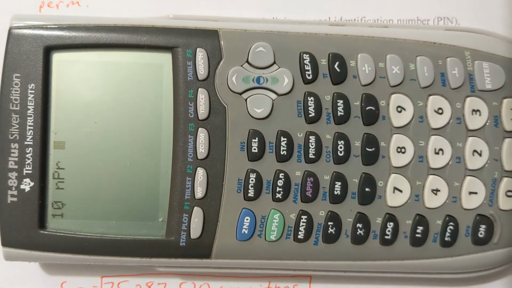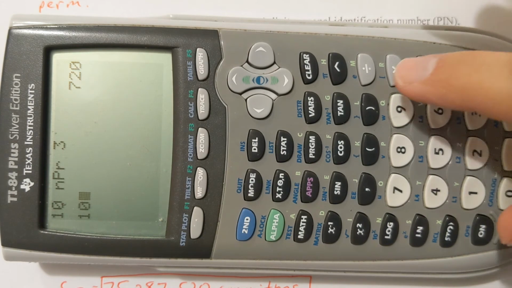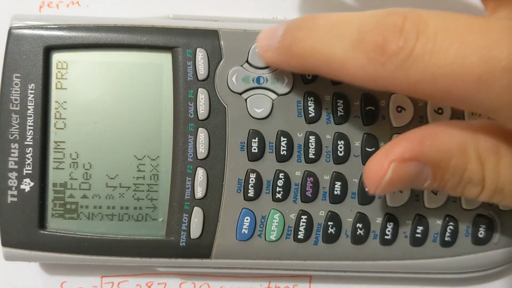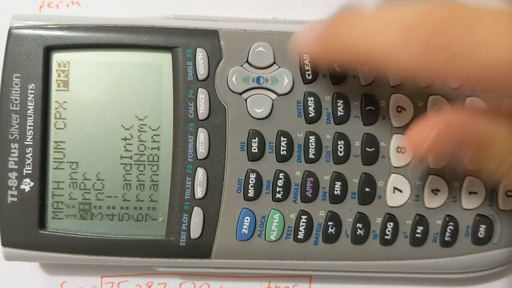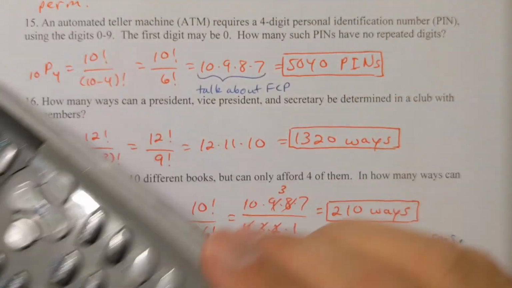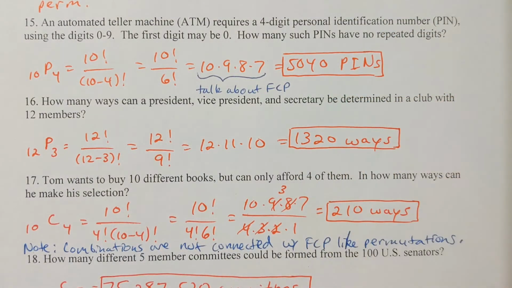So I've got 10 permute 3, and hit enter. That's 720. Oh, whoops, 10 permute 4. Sorry. Math, option, 10 permute 4. That's 5,040, which is what I was getting there.